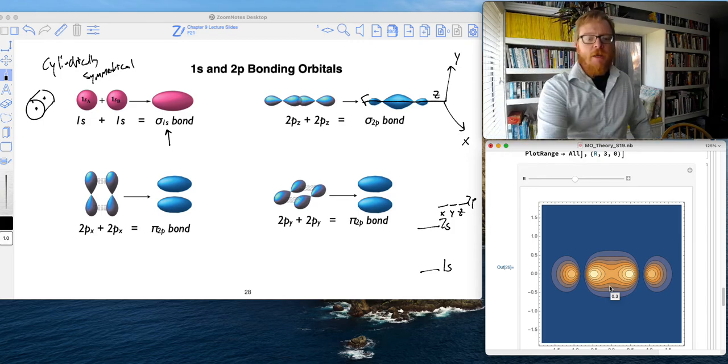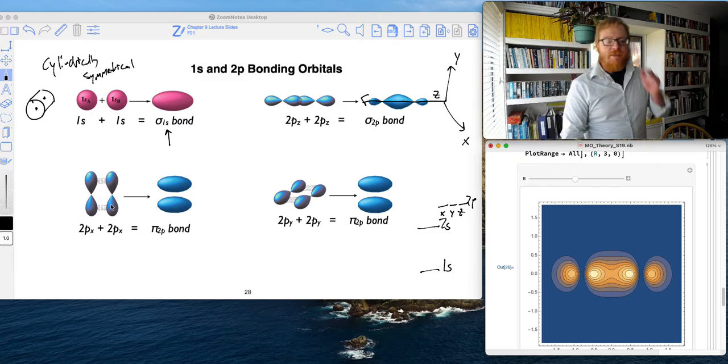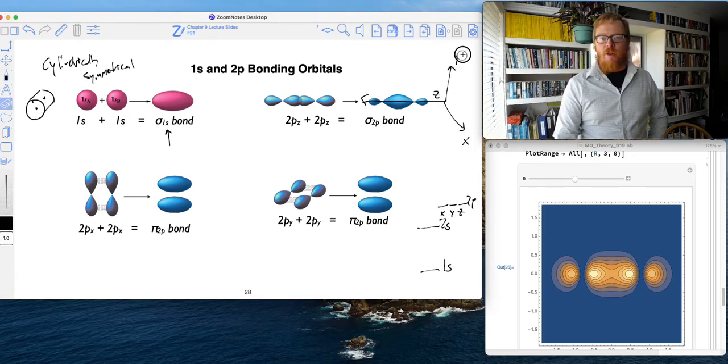Okay. So now if I reorient my p orbitals, and I suppose based on the way that I drew this, we would need to call this one the x and this one the y. Let's fix that. So these are oriented up and down, so perhaps that's x. And these are coming out of the page, so that would be y.